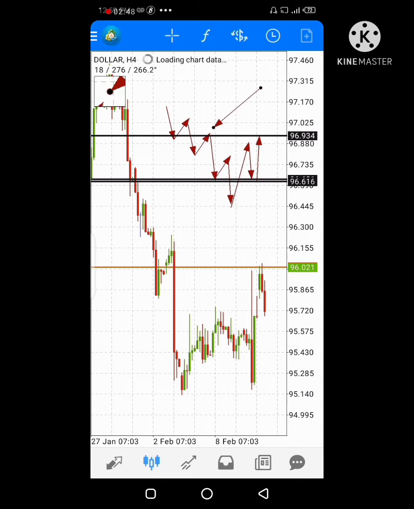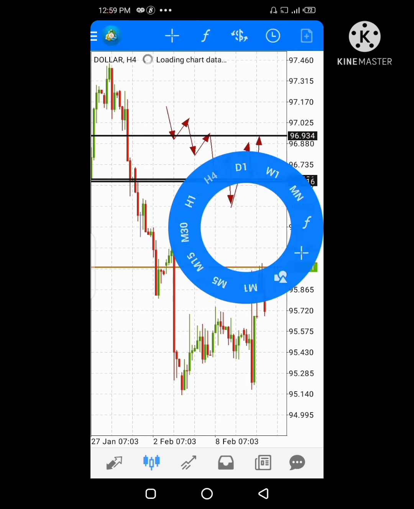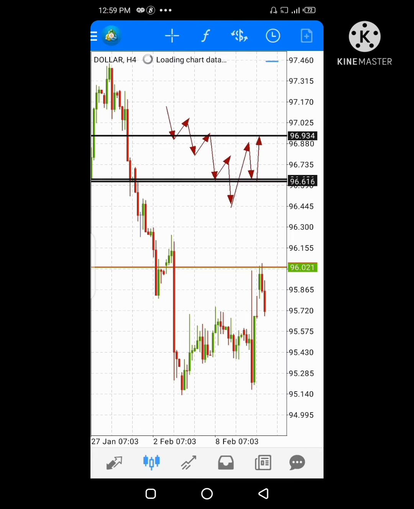So our expected take profit will be at this zone here. That's the former high. And our stop loss will be few pips below the head. So this is just a theoretical view of how to identify the head and shoulder pattern.